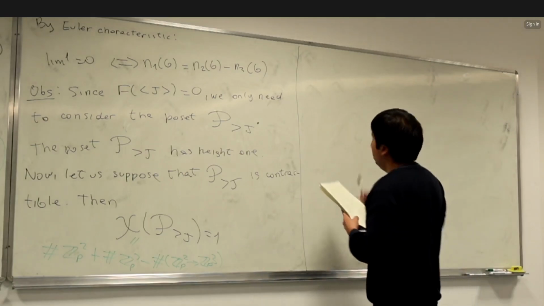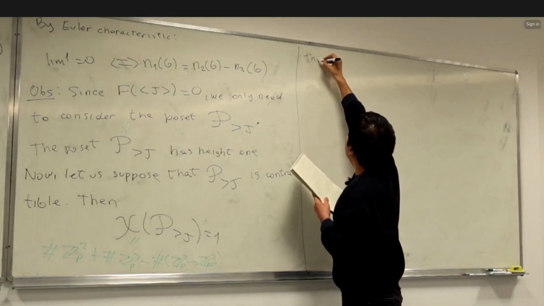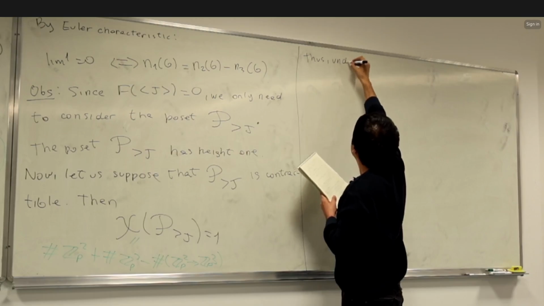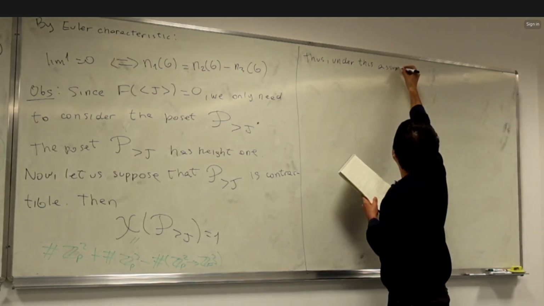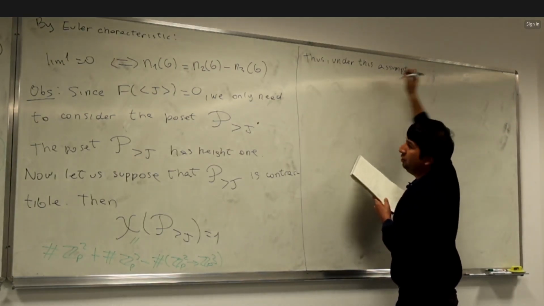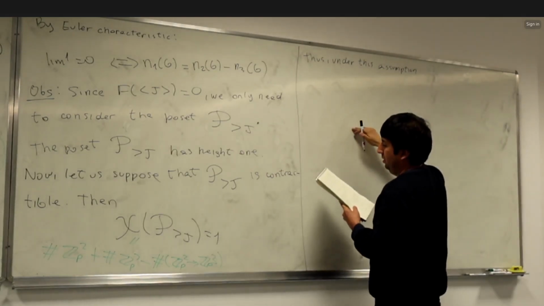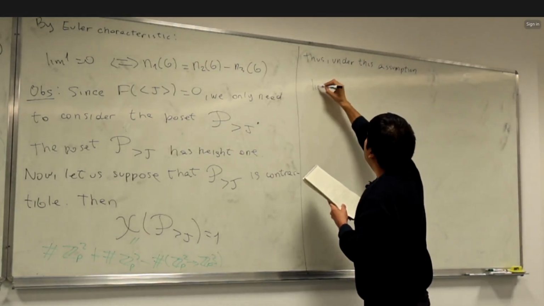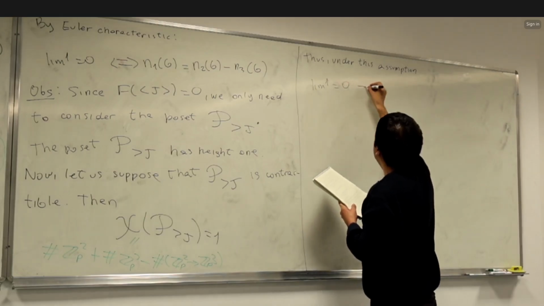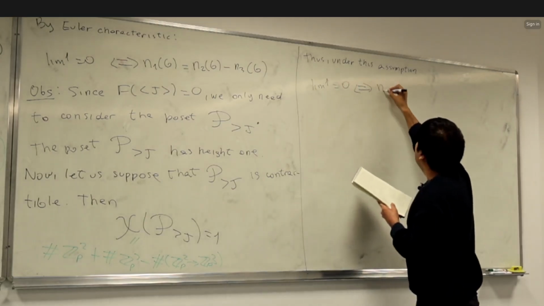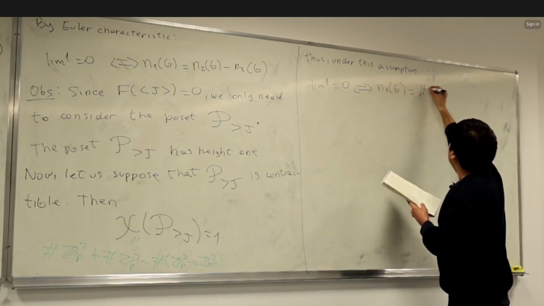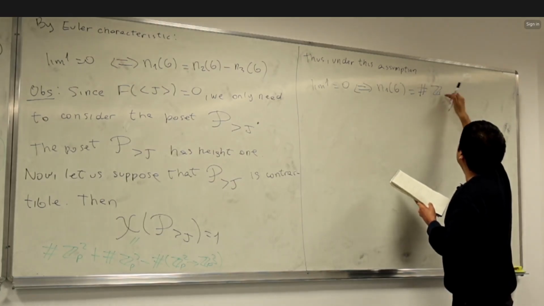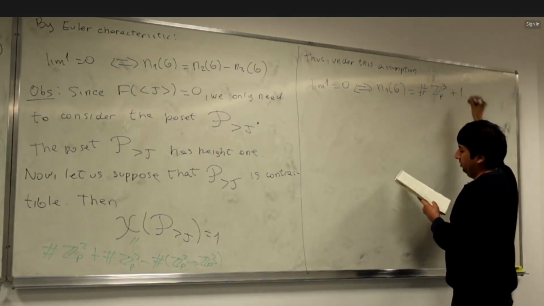Okay. Thus, under this assumption that this poset is contractible, lim 1 is 0 if and only if n1 of G equals the number of copies of Z mod p cubed plus 1.